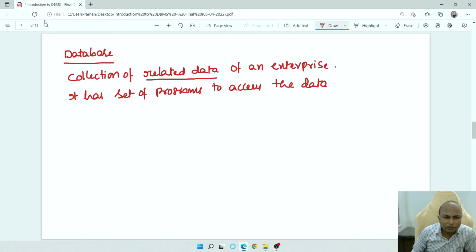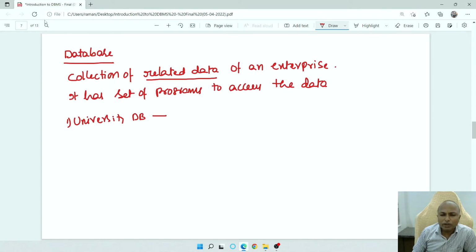Let us consider a university database. In a relational database management system, it has a group of tables. In this university database, we are going to see some important tables.